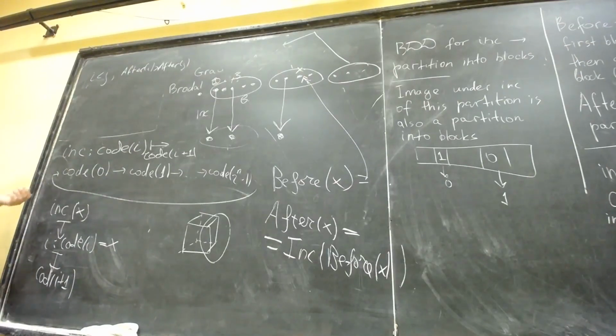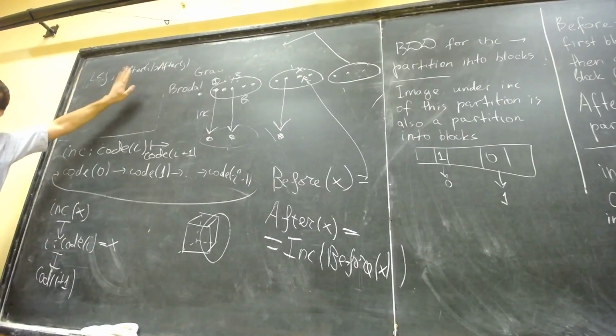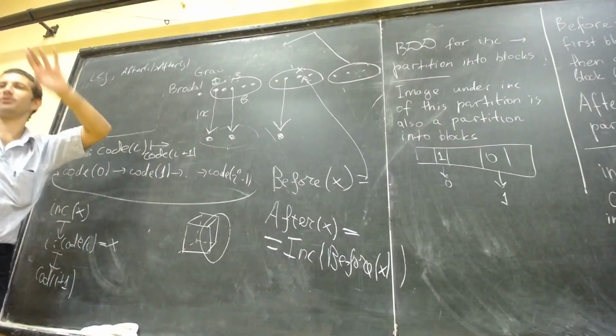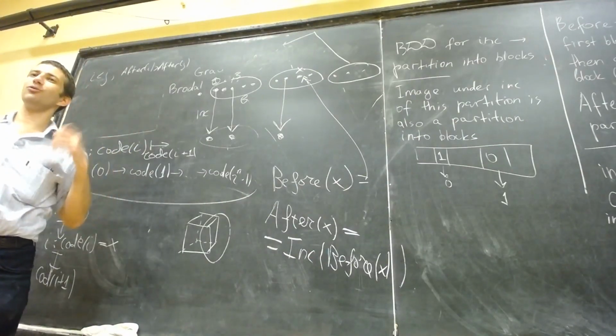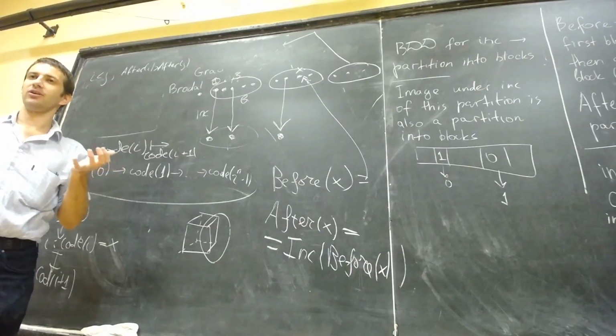And now I will just try to count the pairs to prove that this is an even number of pairs. I will prove it for after, because every property of after that I will use is also a property of before.